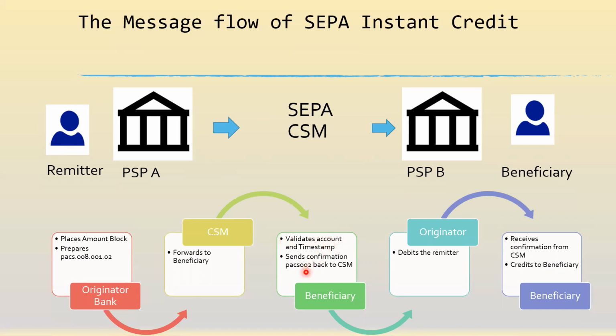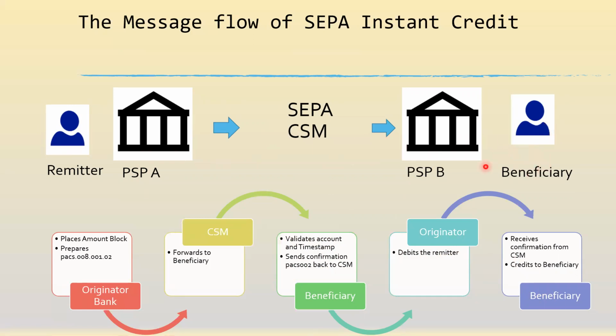If both are satisfied, it sends back a confirmation PACS.002 to the CSM, and the CSM obviously forwards it back to PSP-A. Now, when PSP-A receives the PACS.002, it debits the remitter and informs the remitter that it has been remitted. Similarly, the beneficiary PSP would have got a PACS.002 confirmation from the CSM.